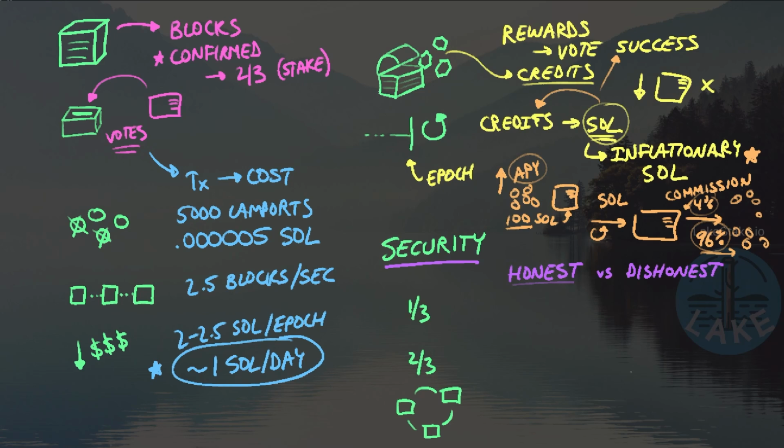And so the security boils down to a few different thresholds here. As long as we have no more than a third of the validators as being dishonest, if we said a third of the validators are dishonest, well, at this point they could do a little bit of damage. Because we need the supermajority to vote for consensus, they could actually stop consensus on the network, at which point this would halt it.